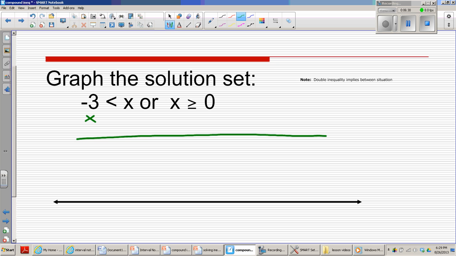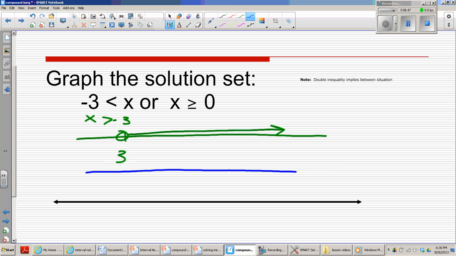So we would have x greater than -3. So at -3, we have an open circle, and we shade to the right. The second inequality, x is greater than 0. So at 0, we have an open circle, and we shade to the right.